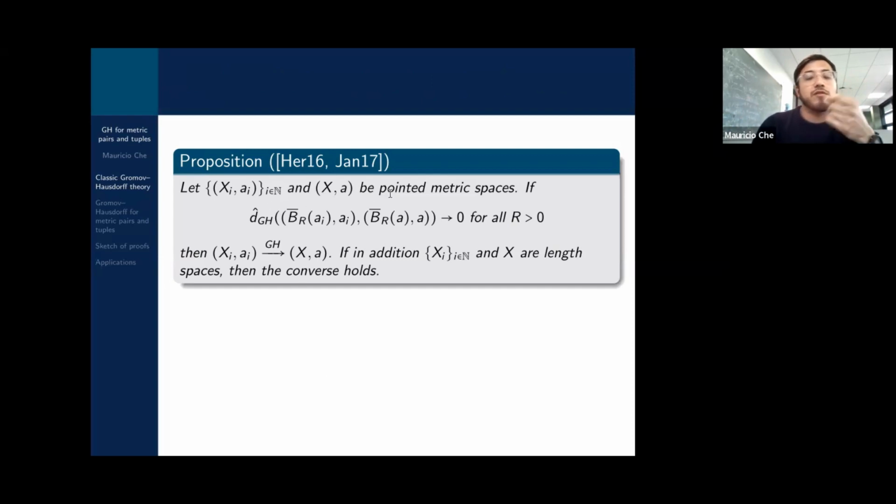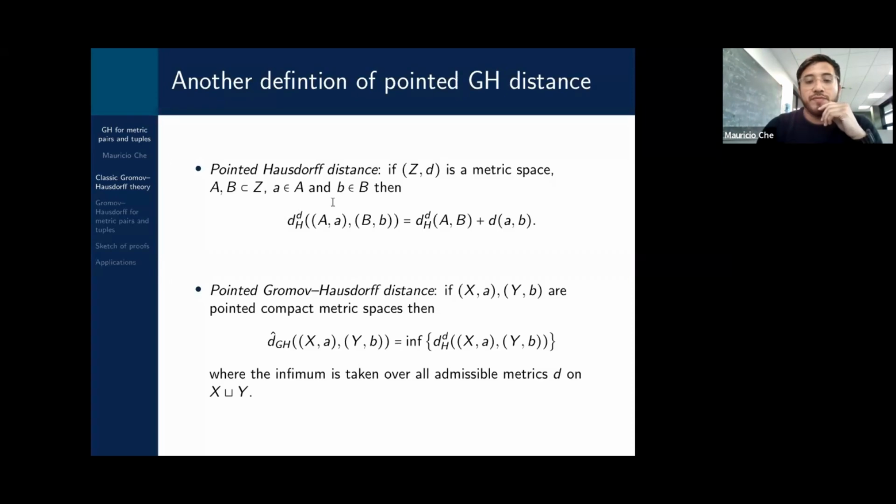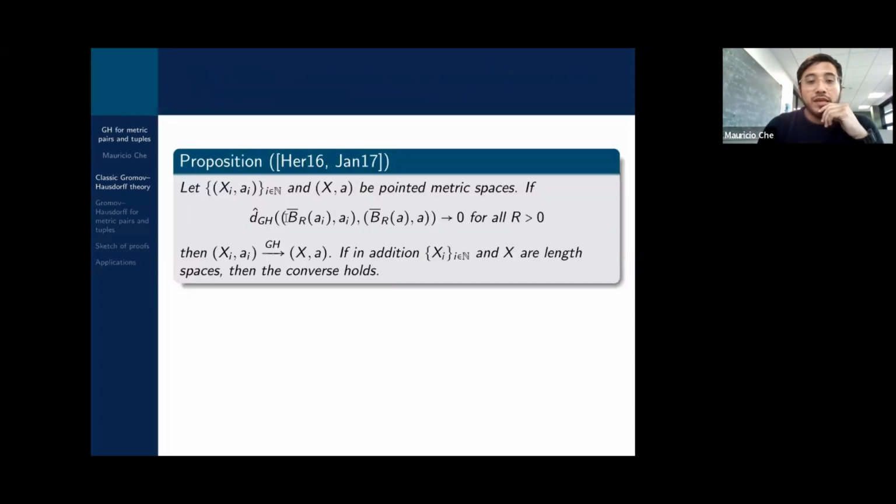What we can say is that if we know that under this previous distance, the balls centered at the distinguished point in the sequence converge to balls centered at the distinguished point in the limit for any radius, then that implies that the sequence converges in the original sense of convergence of pointed spaces.